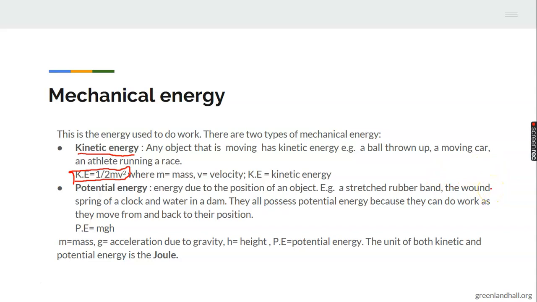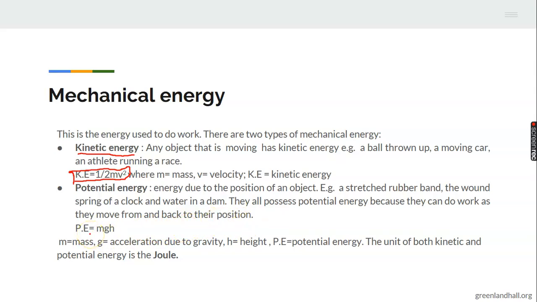You open it, there's this spring. It's pulled out and pulled in. Whenever it's exhibiting that kind of motion, going and coming back to its initial position, it is exhibiting potential energy. That's energy due to position. They all possess potential energy because they can do work as they move from and back to their position.